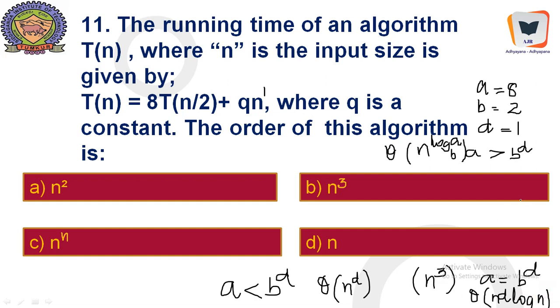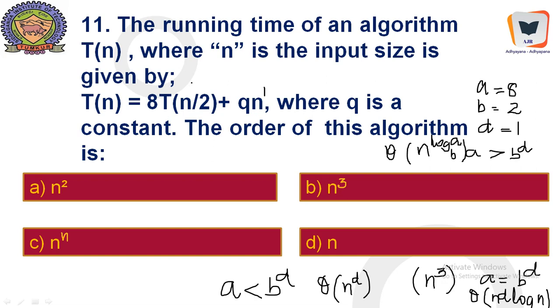Therefore, this particular case falls under this category because A is greater than B to the power of D. And if you go further, this can be explained like this. In every iteration, there will be 8 problems which are unsolved, each of size n by 2. Okay, this is the meaning.